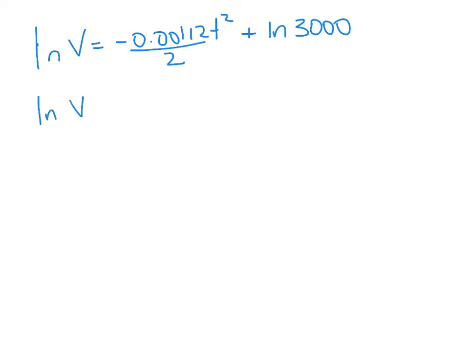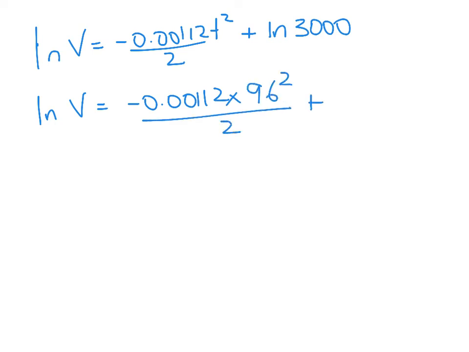So the natural log of V is going to equal negative 0.00112 times 96 squared over 2 plus the natural log of 3000. Now that gives me ln of V works out to be 2.8454. Don't stop yet, that is not the volume.